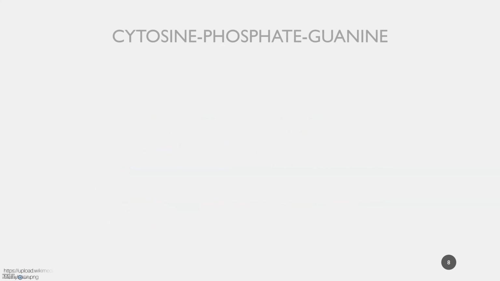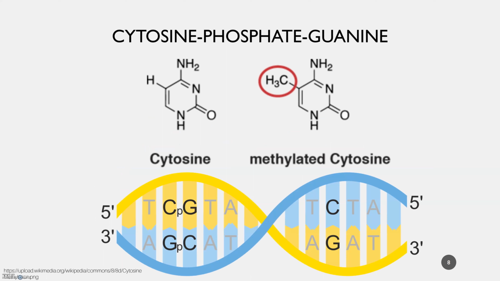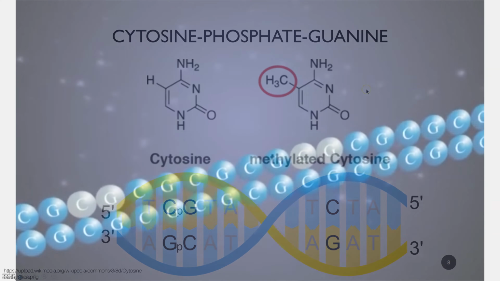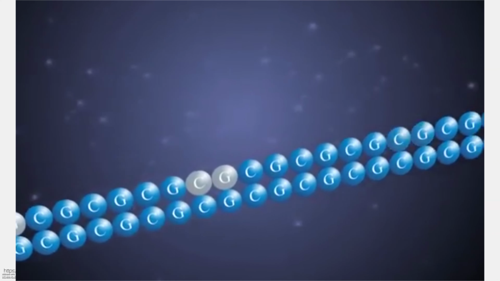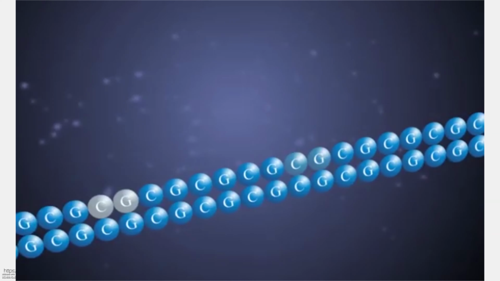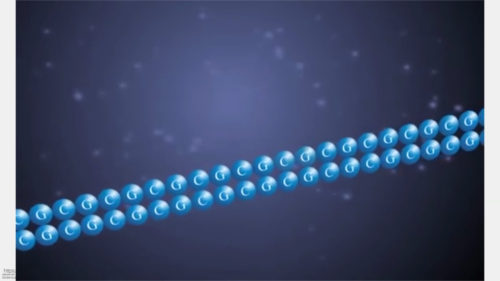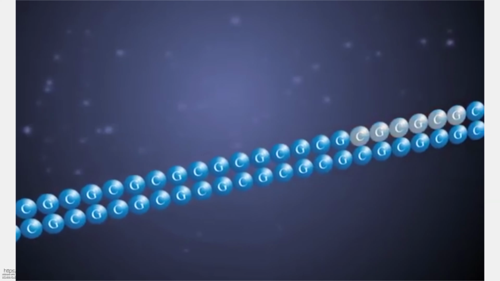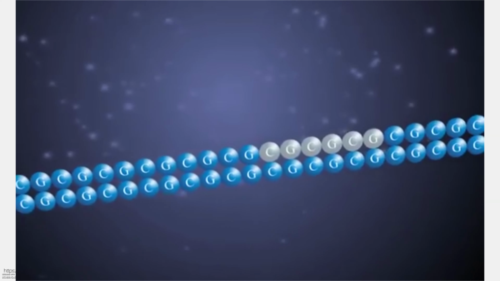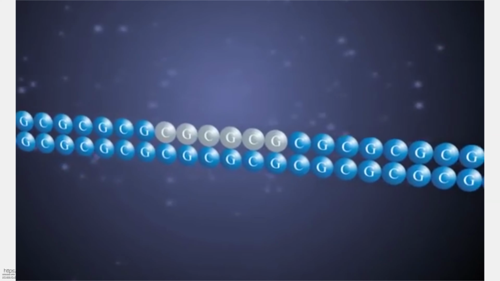The human genome contains approximately 30,000 CpG islands. The P stands for phosphate in the cytosine-phosphate-guanine motif. CpG islands are clusters of CG dinucleotides in which cytosine occurs immediately 5' to guanine, and they form stretches of DNA about 300 to 3,000 base pairs long.